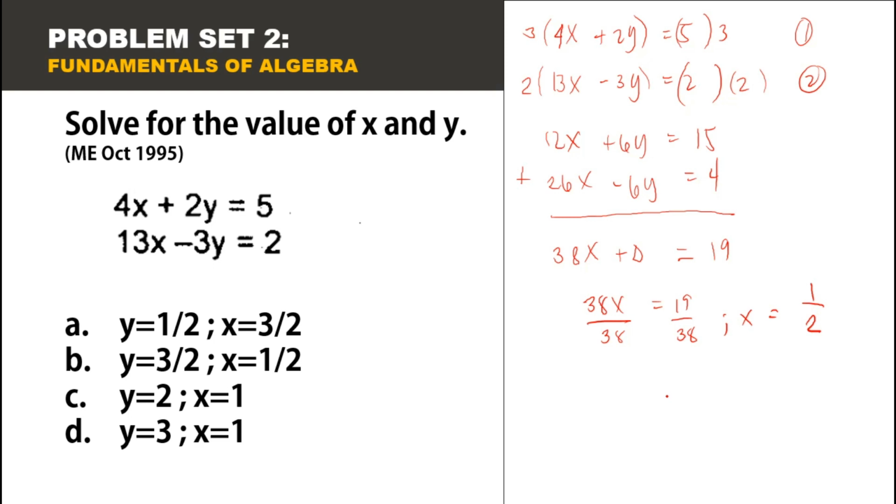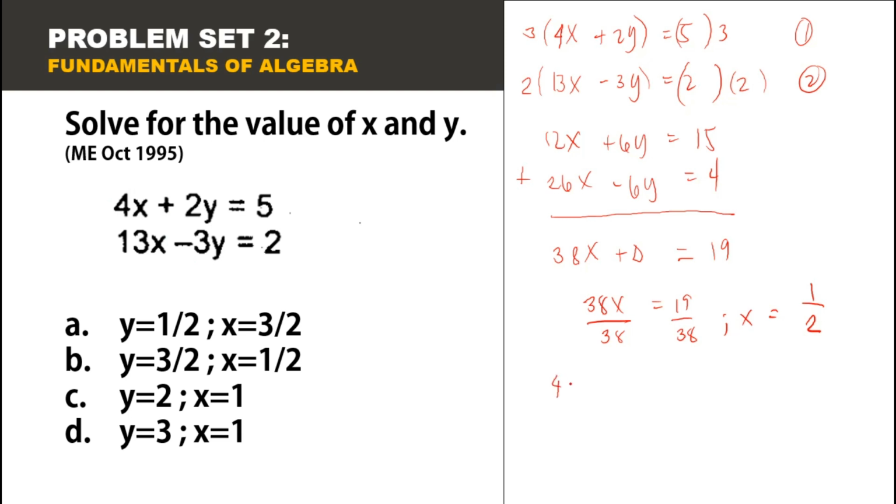In these choices, we have letter B. Basically, we have letter B as the answer already, because there are no other choices that give us x as 1/2. So let's solve for y. We substitute this into either the first or second equation. I prefer the first equation.